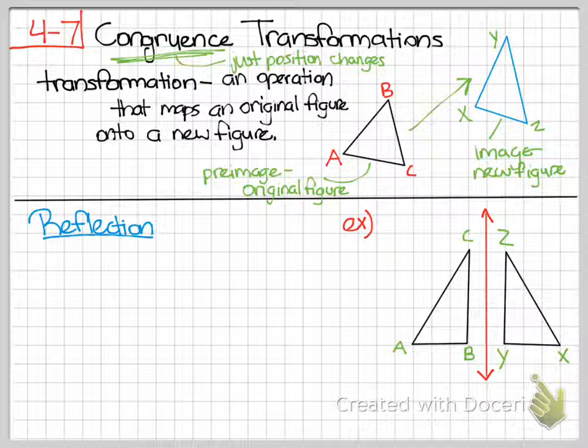With a reflection, that really is just a flip. So if an image flips, that means a reflection was performed. And for a reflection, there has to be a line of reflection. A lot of times that line will be the x-axis or the y-axis that it flips over.